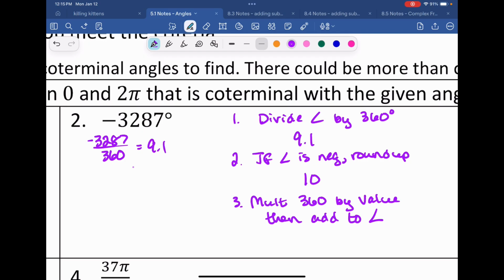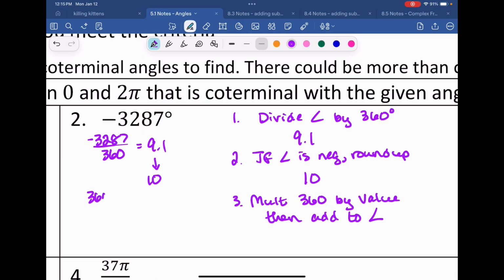So I'm going to round that up to 10. And I'll multiply 360 by 10. Then I'm going to take that and add it to my angle. So I'm just going to do it with my side calculator over here because I don't feel like going back. Negative 3287 plus 3600.